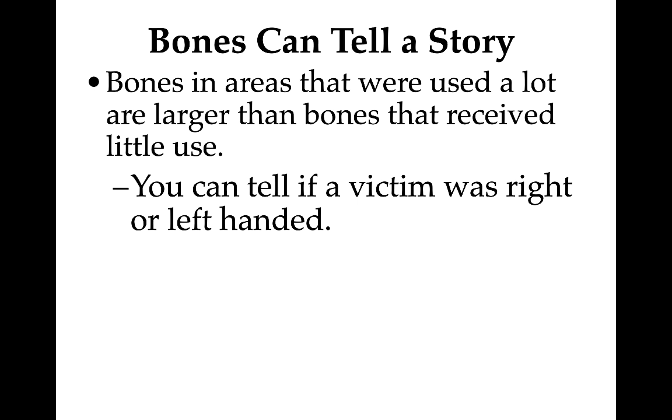So if you've used your right arm way more than your left arm, the muscles in your right arm are more developed, and your body has to put more minerals into the bones on your right arm in order to support those larger muscles. And so you can tell if somebody is right or left-handed because they've used that muscle more, therefore the bone has been bigger.